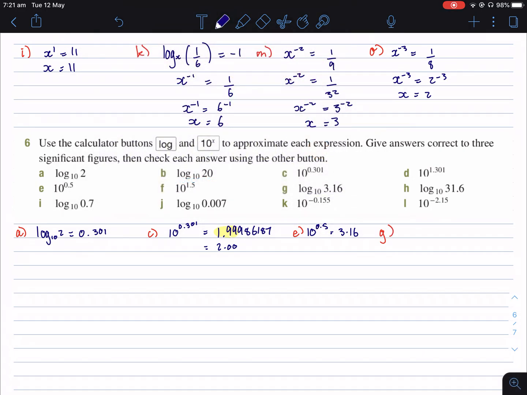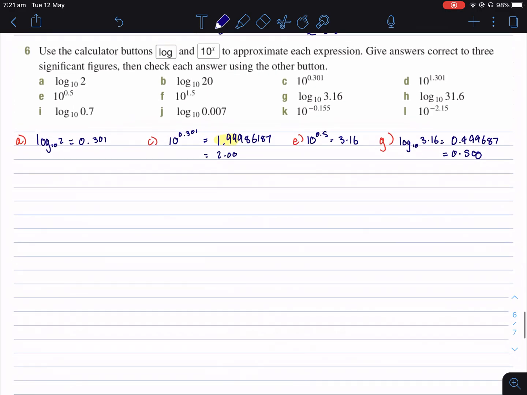Guess what we're proving? 3.16. So see how that log base 10, we just use the normal log button, 3.16, 0.499687 is 0.50. That's 3 significant figures.